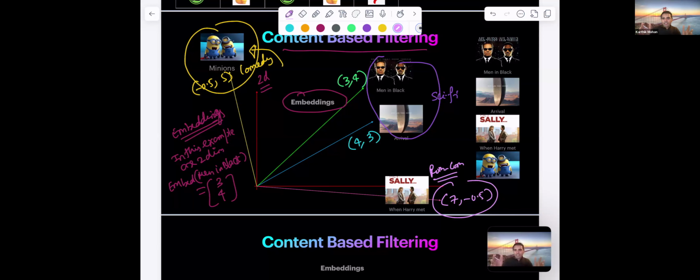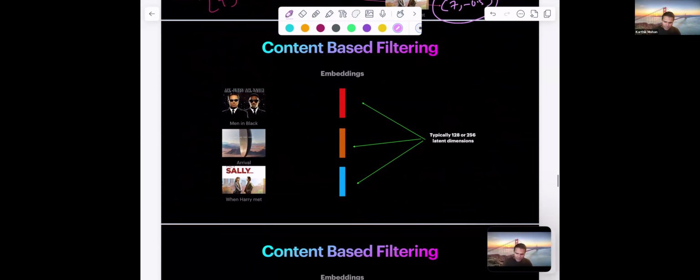Then it makes sense. So the number 3, 4 in and of itself might not make any sense, but 3, 4 and 4, 3 are close to each other as vectors, right? And you can see in the graph as well that they're close to each other. And so it makes sense that things that are close to each other might have a similar genre or similar set of actors or similar content. And things that are far away have different content. So that's the understanding here, right?